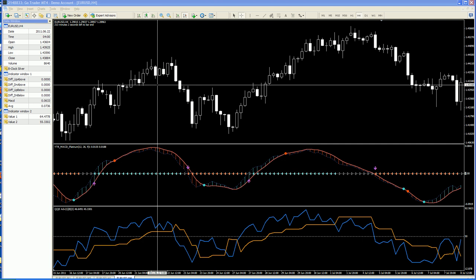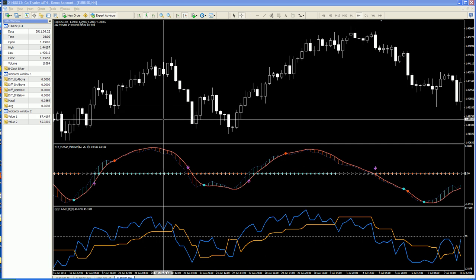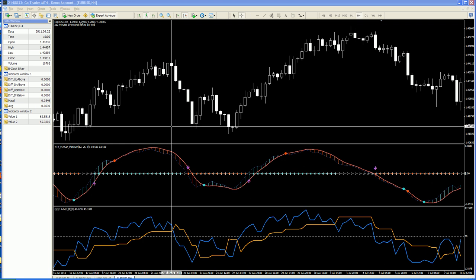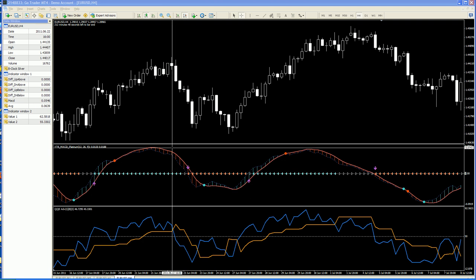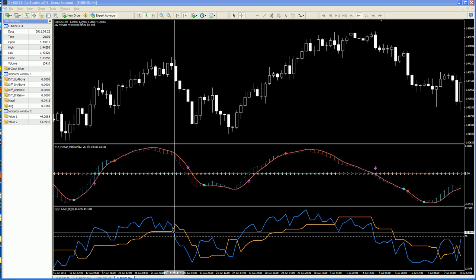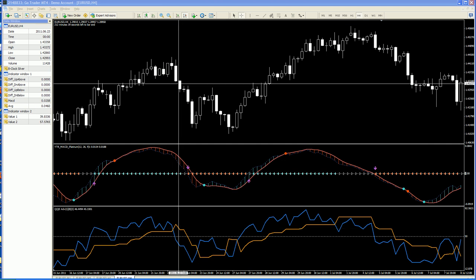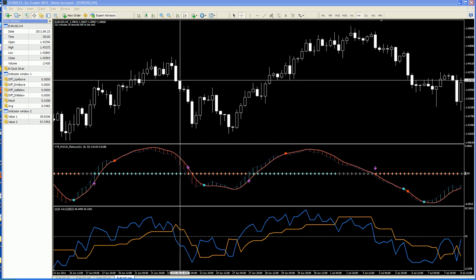Now we keep on coming up. QQE is still in a buy, MACD platinum is rolling over, so we're getting close to sell. Then there we have the correct cross on the right side of the white line for the QQE. So now we're short on the open of this candle here because MACD is already short.